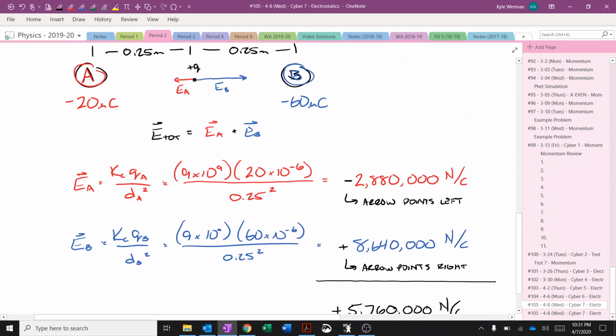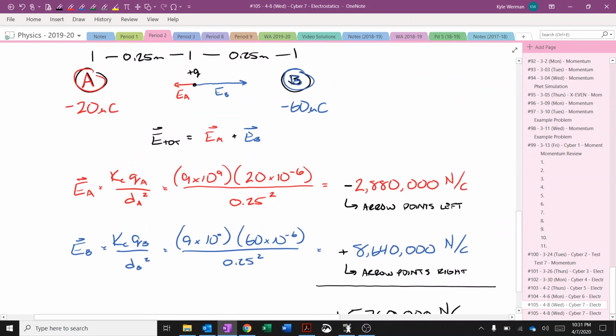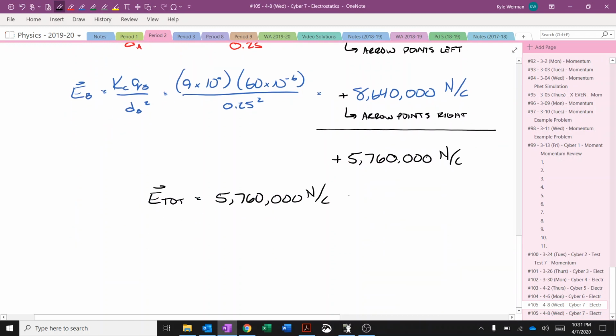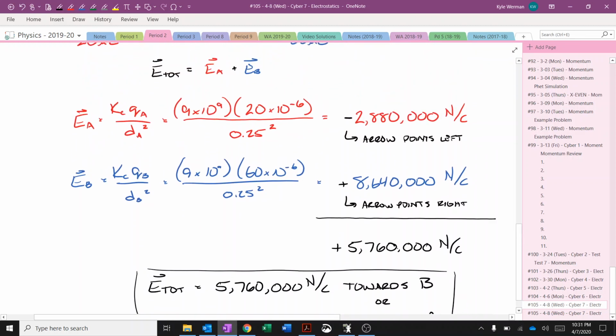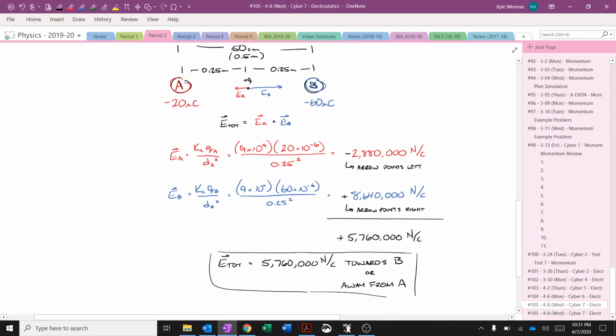Well, positive means to the right in my drawing, which means towards B. Or you could say away from A. That's how we have to define direction. Right? We're defining a vector quantity. You have your magnitude as the number part, and the direction is either towards B or away from A. Both of those would define exactly the same direction in this scenario.